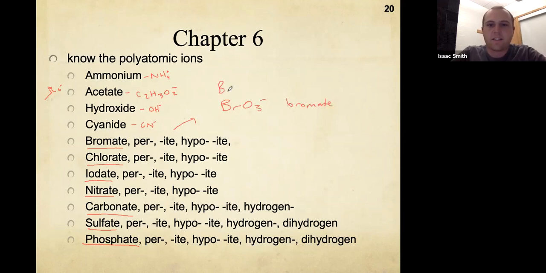If you add an oxygen, the charge stays the same and it becomes perbromate. If you take away an oxygen, the charge stays the same and it becomes bromite. And if you take away two oxygens, the charge stays the same, and you have hypobromite.